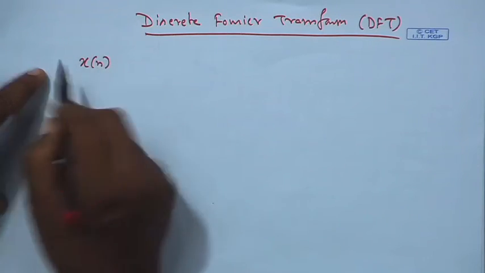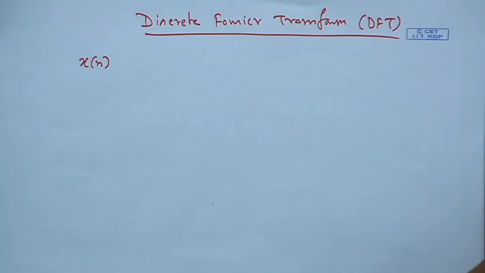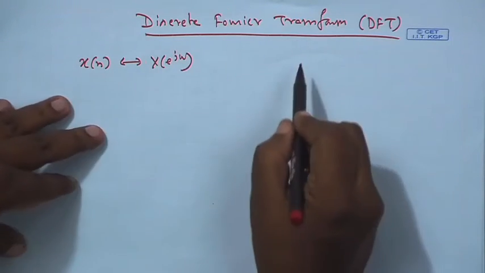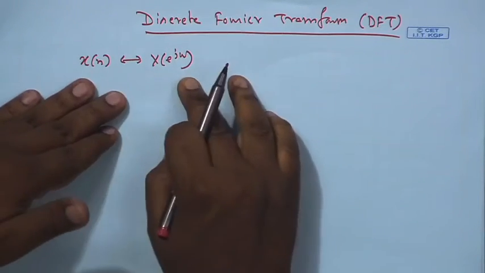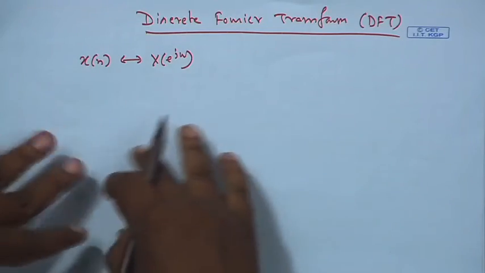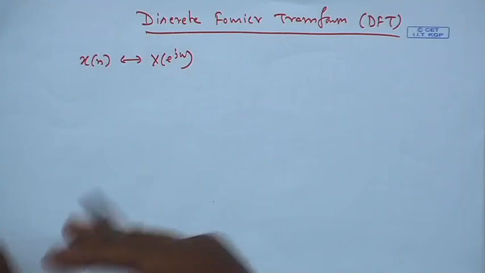Originally, I had x[n], one sequence, maybe infinitely long from minus infinity to plus infinity. It has a DTFT X(e^jω), which is a complex function. So, as I told you, if you want to really plot it, you should plot magnitude versus omega and phase versus omega, and it will be periodic in both cases over omega with a period of 2 pi.